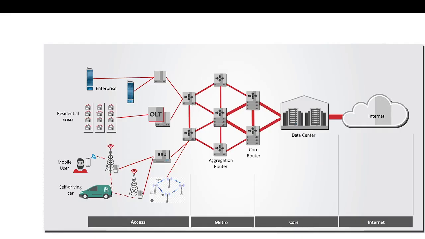On the next slide, you can see that we are starting from the user here. We have this user somewhere in a remote location. This user could be using a phone or any other device that can communicate to the tower. We have the tower that is serving this user.